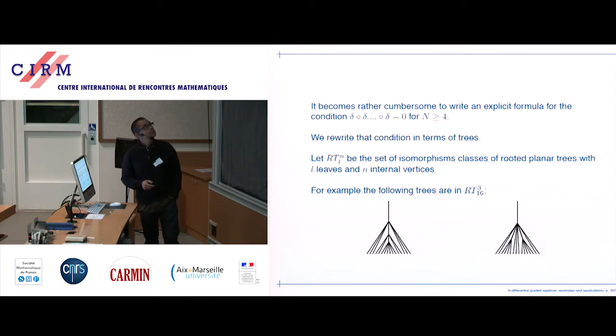And in general, you have to write it using graphs. You can define this set of graphs with L leaves and N internal vertices, like this. For example, here would be examples with 16 leaves and 3 internal vertices.